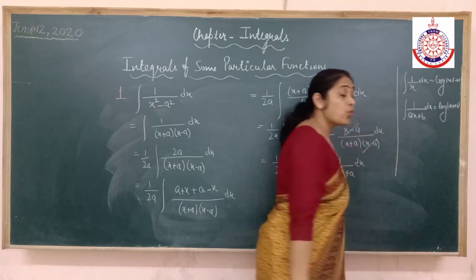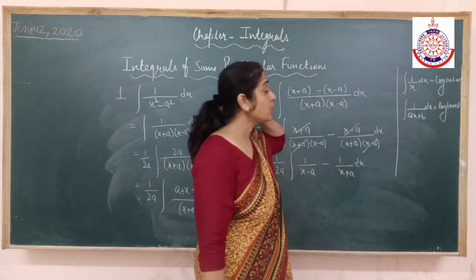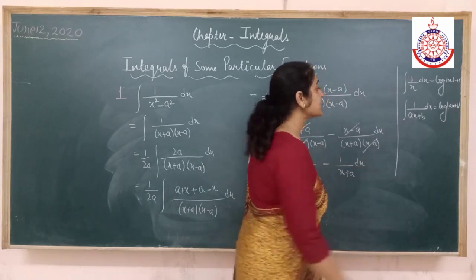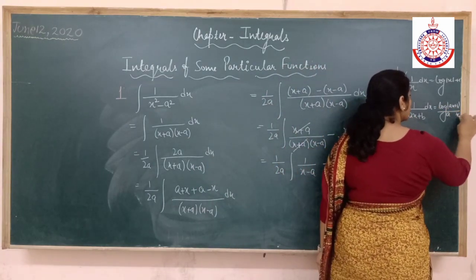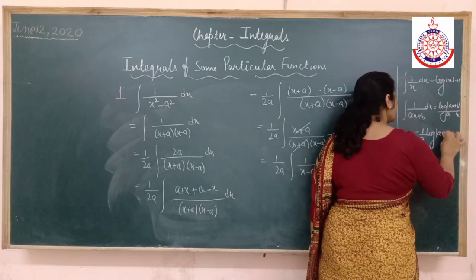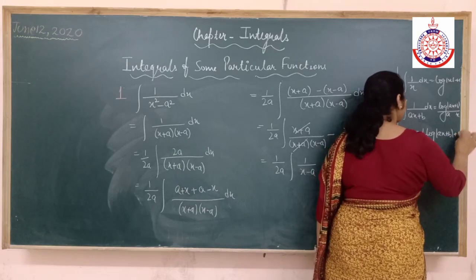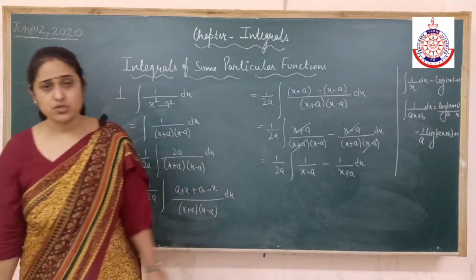And whatever is the coefficient of x, as you have done in substitution also, that comes in the denominator. So it will be 1 by a log of ax plus b, plus c. So directly now you have to remember, you don't have to apply any substitution.